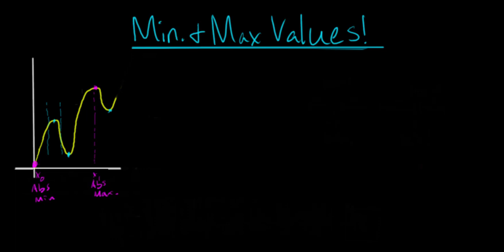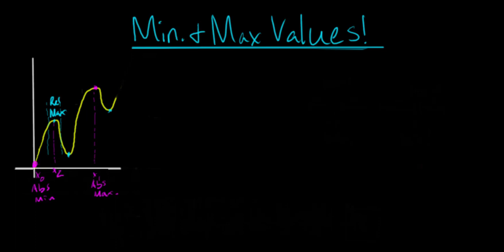So right here, although this is not the absolute maximum value, we would call this a relative maximum value because we have some x. We're going to call this x right here x2.